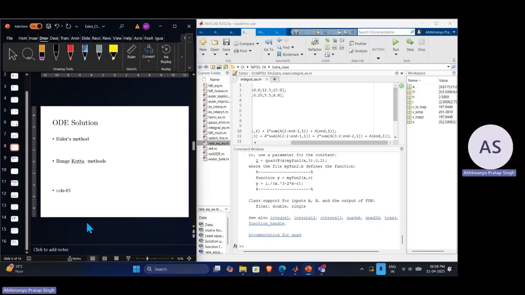There are two parts: Euler's explicit method and Euler's implicit method. Then we have Runge-Kutta methods, and then we have the MATLAB inbuilt solver ODE45. Okay, so Euler's method. I will again go to my tab.